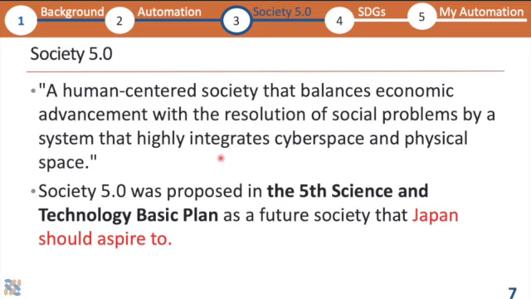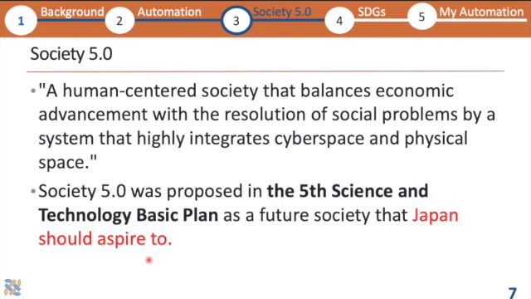Society 5 was proposed in the 5th Science and Technology Basic Plan as a future society that Japan should aspire to. So this is an imaginary advancement for Japan.